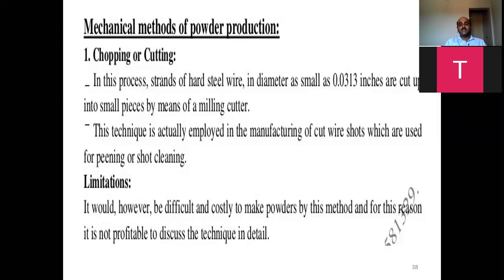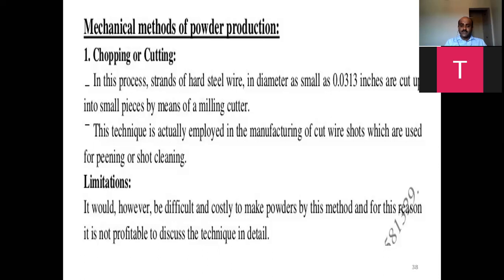So what we use here is strands of hard steel wire in diameter as small as 0.0313 inches, cut up into small pieces by means of a milling cutter. This technique is employed in the manufacture of cut wire shots, which are used for cleaning or shot peening.